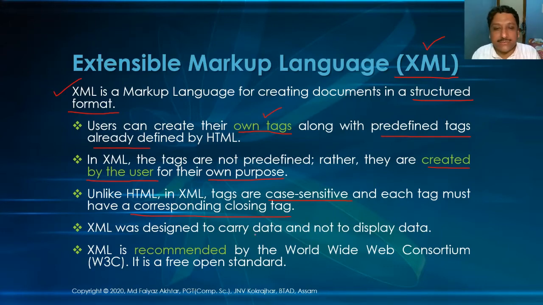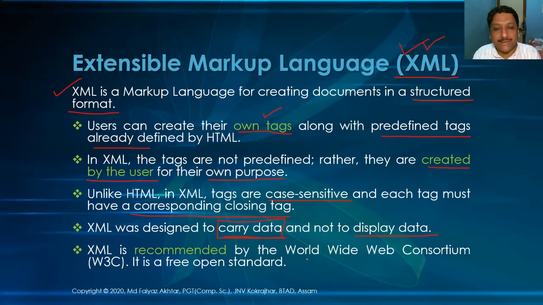XML was designed to carry data and not to display data. It is used to carry data, meaning we can create an XML document to keep some record based data. For example, student information, employee information. These types of details or data which have multiple fields, like a student's roll number, name, class, marks obtained, address, phone number, can be stored using XML language.